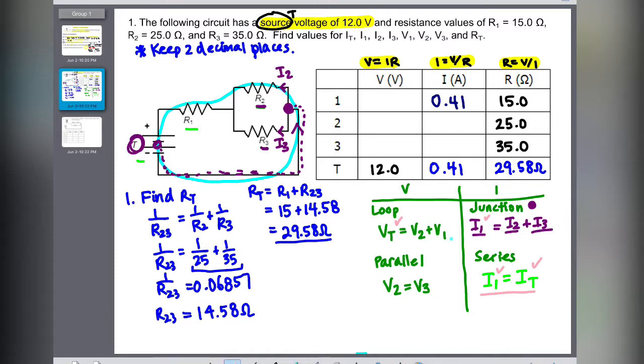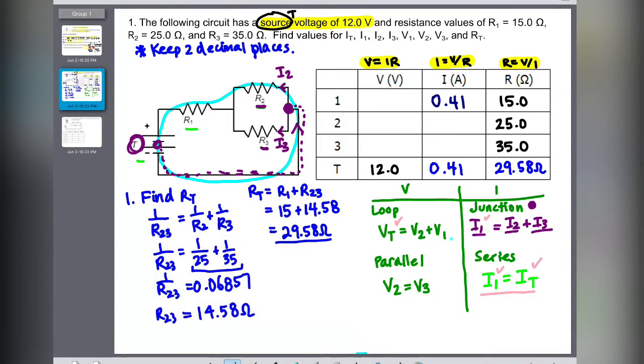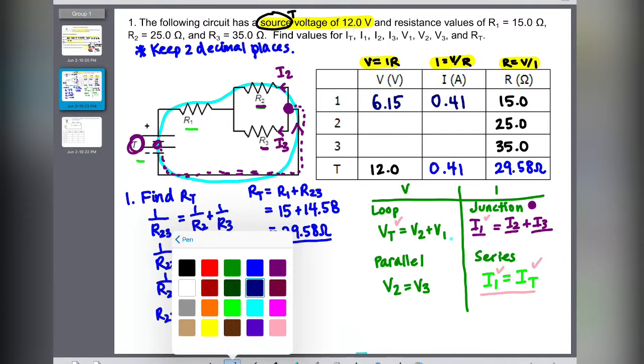So that means I'm going to use the equation V equals I times R. I would go V is 0.41 times 15. So I'm dealing with this one right now, okay? So V is 0.41 times 15. This equals 6.15. Okay, when I get something, I check it off. So I now have V1.